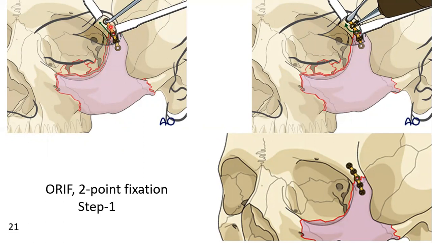Now, the surgeon should verify the proper 3D reduction of the zygoma at the other 2 points while fixing the other screws. So the final two screws should be fixed later on. When you place one screw on each side of the fracture line, then you should see the reduction of the other points if they are fractured, because we are considering the 2-point fixation.